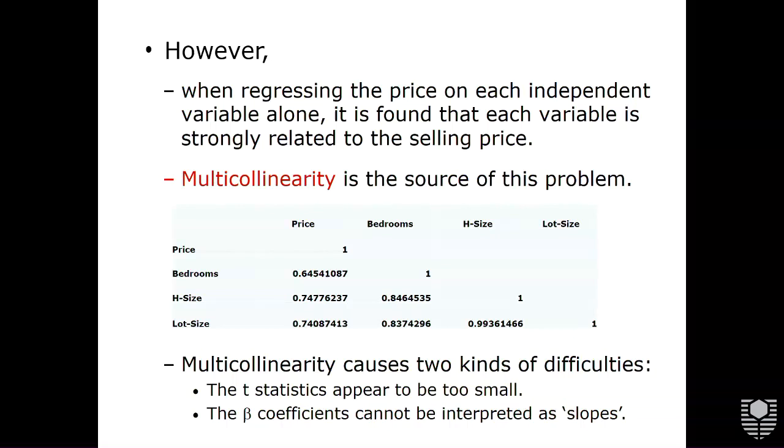So it causes two kinds of difficulties. These statistics appear to be too small, and a bigger coefficient cannot be interpreted as slope.